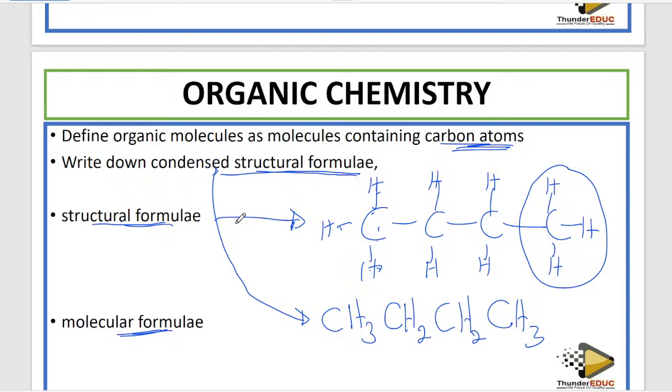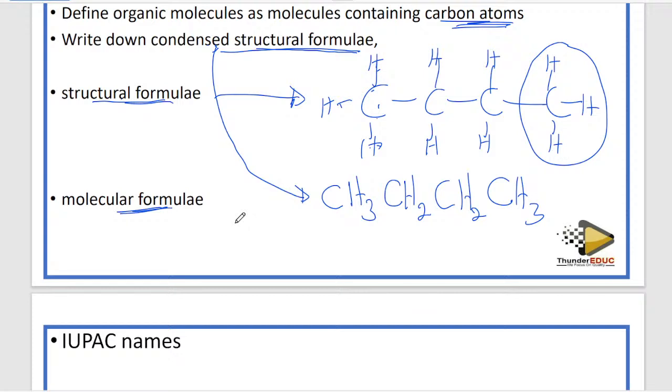What about the molecular formula? When you talk about the molecular formula, you count how many hydrogens and how many carbons are in there. For example, 1, 2, 3, 4. So I have 4 carbons. And how many hydrogens do I have? 1, 2, 3, 4, 5, 6, 7, 8, 9, 10.